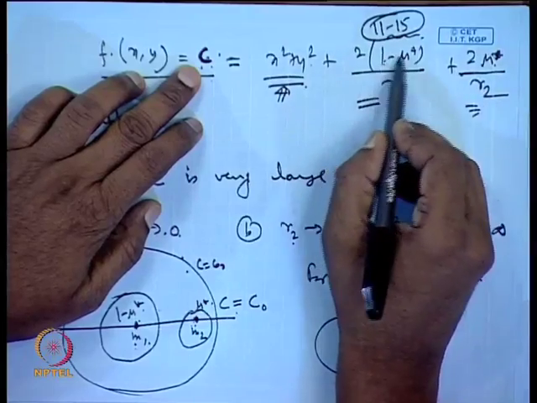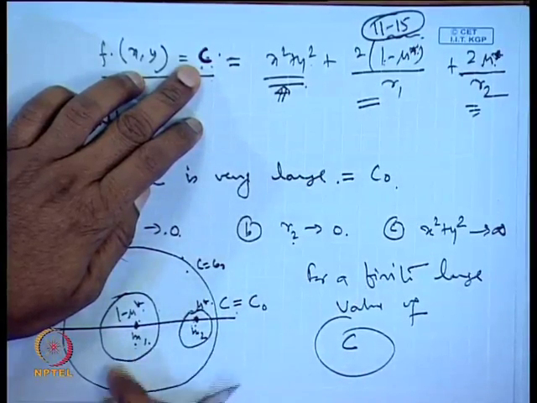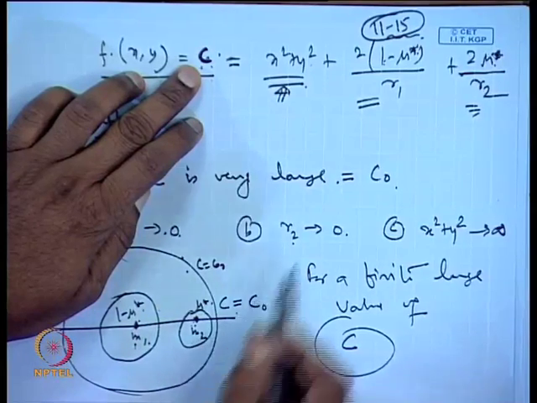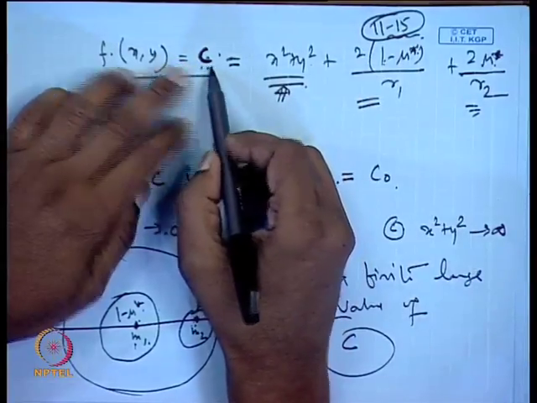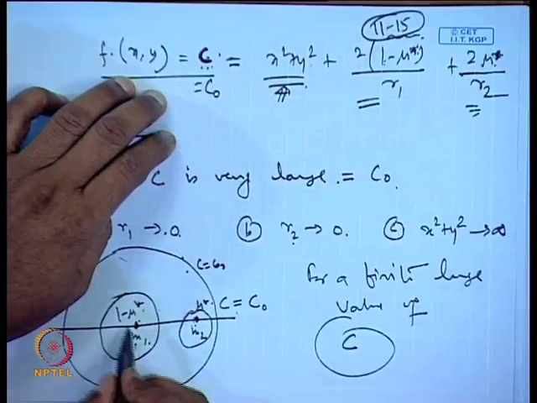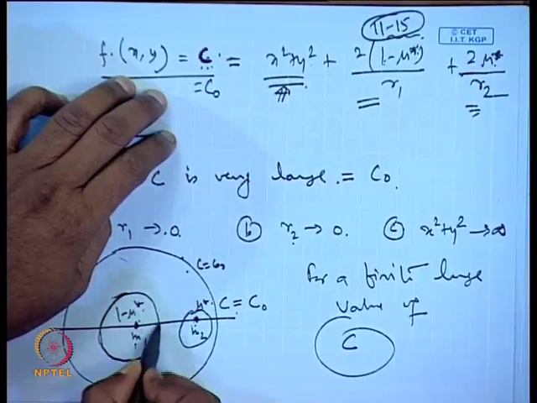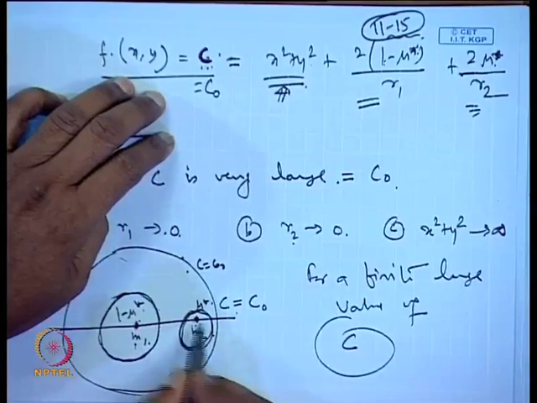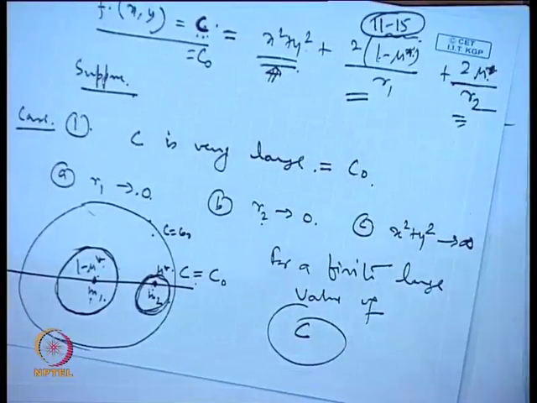This mass is 1 minus mu star, which is quite large as compared to this. In the case of the Earth Moon system, m 1 is around 81 times greater than m 2. That simply implies that if this is large and you have to match with C equal to C 0, our R 1 also must be large, and this is the reason that this radius is shown to be larger than this radius. In fact, I have exaggerated this figure. In fact, this will be quite small.